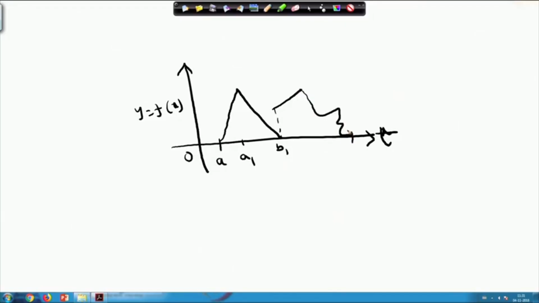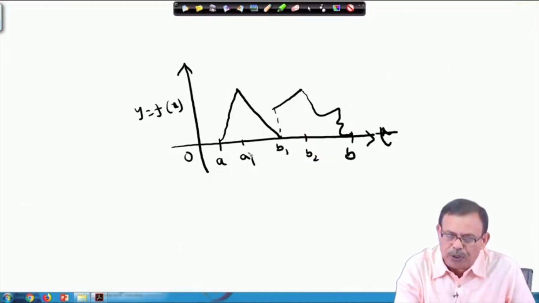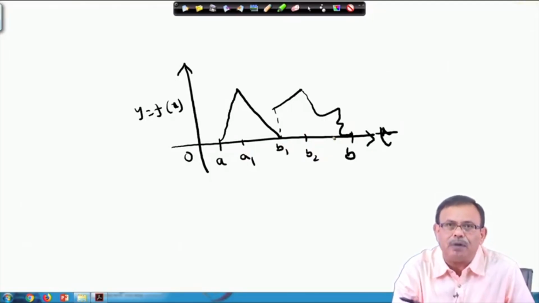So, if I take the entire interval a to b, in a to b the function f(x) may not be fully continuous, but if I subdivide this into some smaller subsections, say a to a1, a1 to b1, b1 to b2, b2 to b, then in each of these subdomains the function is continuous, then we can tell that the function is piecewise continuous.